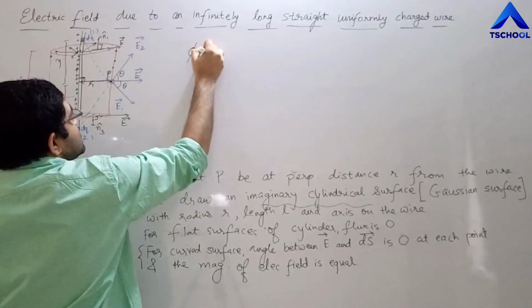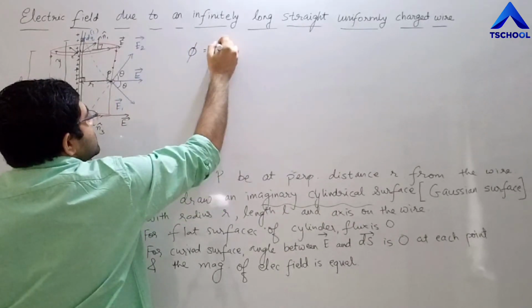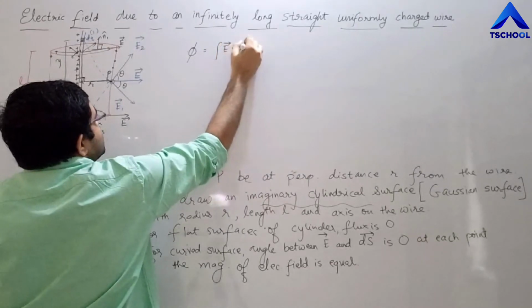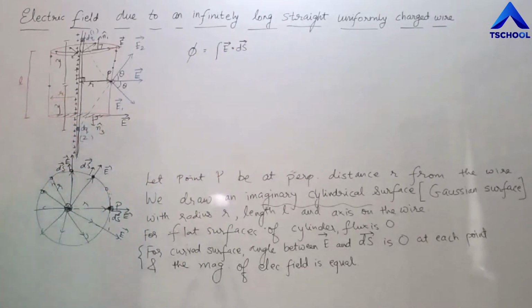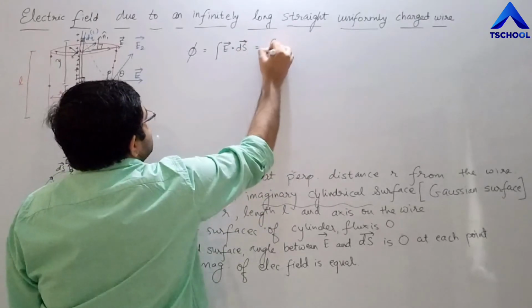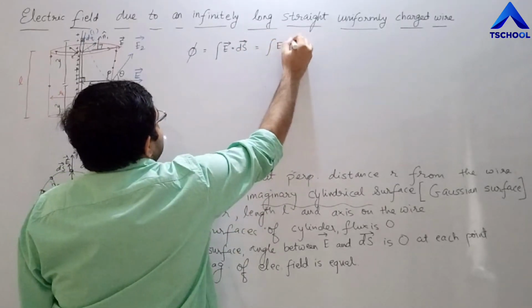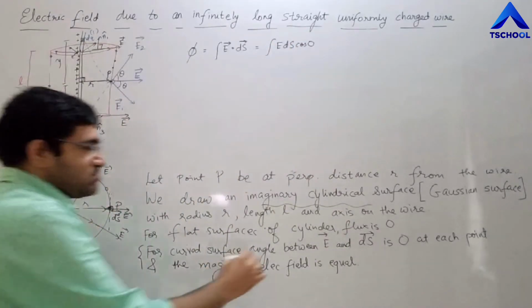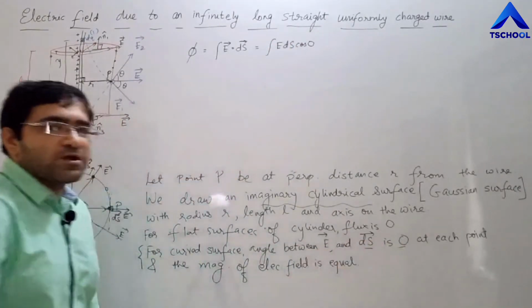Flux is equal to the integration of E vector dot ds vector, right? Remember, this is for the curved surface. So phi is equal to the integration of E vector dot ds vector, which is going to be E into ds into cos 0, like I said, the angle between E and ds is 0 at every point.